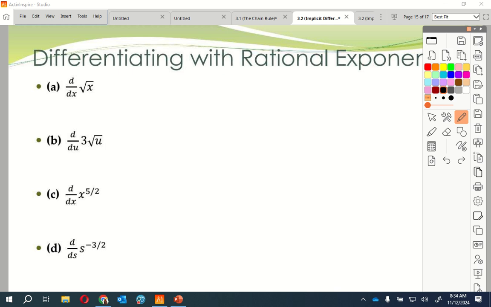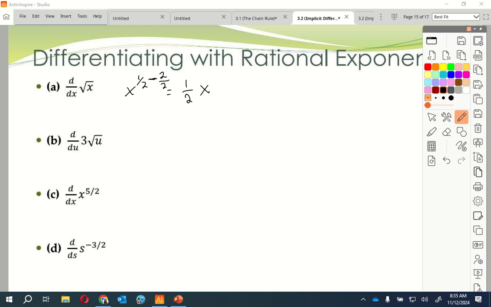So, if I rewrite this, this is x to the 1/2, and I take the derivative of x to the 1/2. That 1/2 goes out front, times x, and I'm subtracting 1, so I'm subtracting 2 over 2.